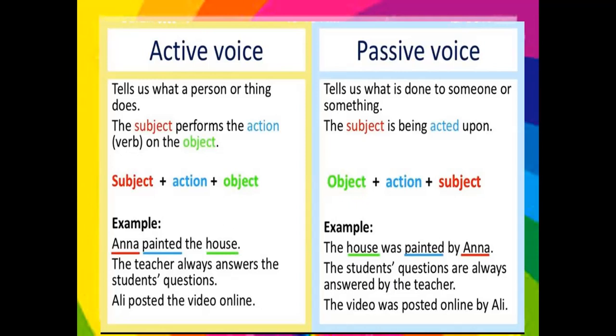So the active voice, which starts with the subject, tells us who is the doer of the verb. Since it is the first thing in the sentence, it is the subject of the verb, meaning we know the person who does the action, because we know who the person is who did this action. So it tells us what a person or thing does.